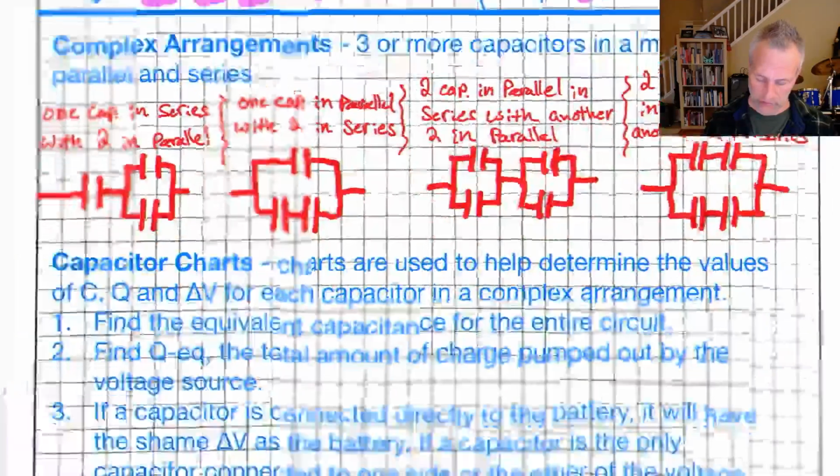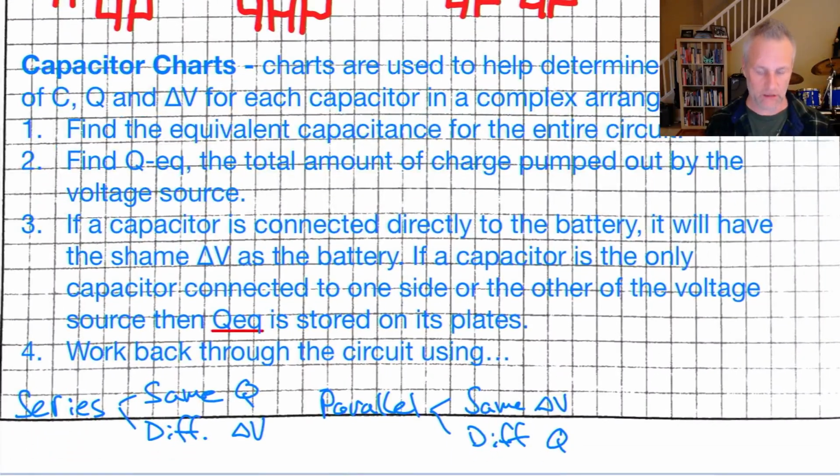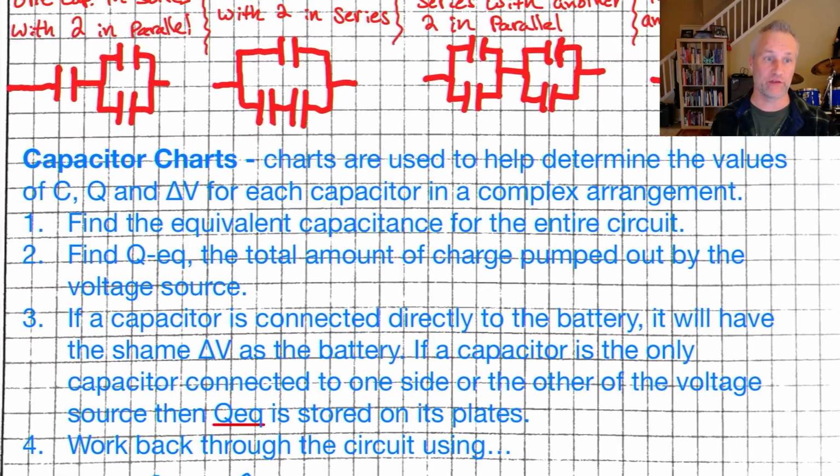Now, in general, a capacitor chart is an organizational device that'll help us determine the values of capacitance, charge, and voltage on each capacitor in one of these complex arrangements. First thing you want to do is find the equivalent capacitance of the entire circuit. What one capacitor could replace the 3 or 4 or 5 that you have in the circuit?